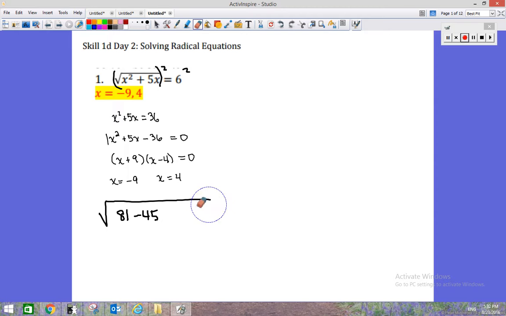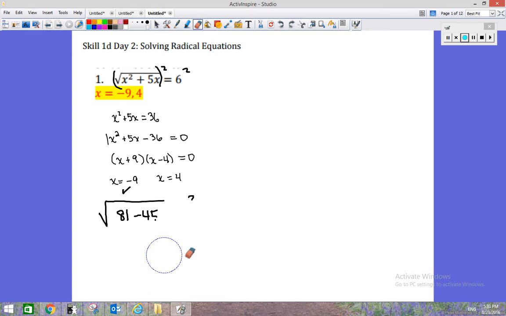And the question is, does that evaluate to 6? Because the original equation says that it does. 81 minus 45 is 36, and the square root of 36 is 6. 6 equals 6, so we know that the negative 9 does check.